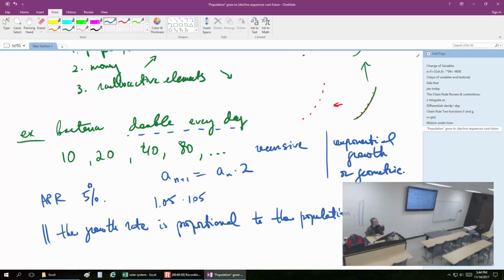So the state in that physics simulation was our location, and here the state is the population, the number of, say, bacteria at that moment. And then the number of bacteria determines the rate of growth. Right? So for example, if you have 10, you add 10 the next time. That is the growth.